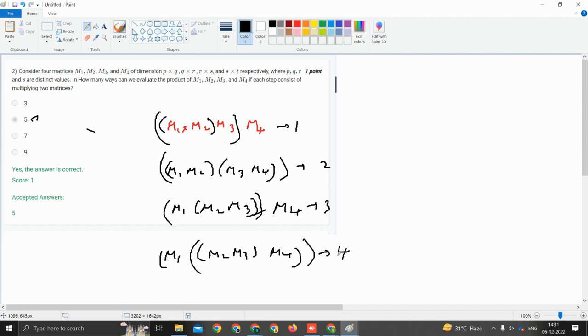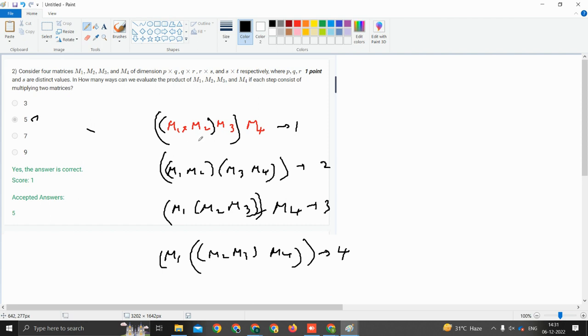What's the other option? M1, M4? How can you change the order? We can't change the order, right? We can simply do M1, M2, M3, M4 together within one bracket. You can't do it, right?